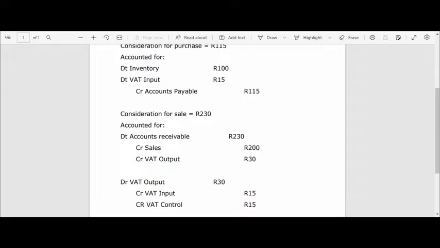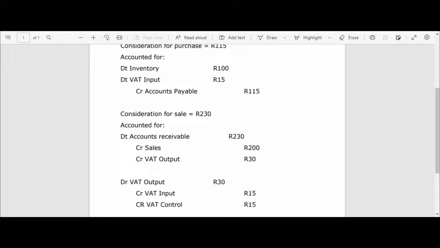So in the case of the VAT input, if it has a debit balance currently, what do we have to do to get rid of that debit balance? Debit the account again or credit the account? Credit. Thank you so much.